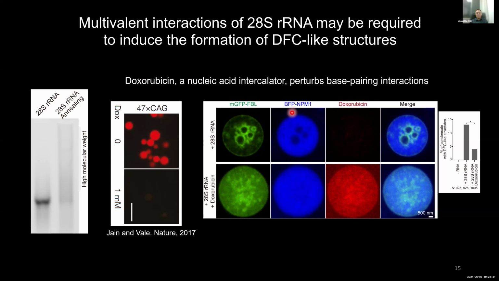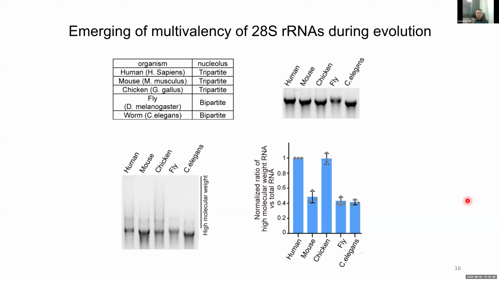So we also added doxorubicin into our in vitro reconstitution experiment. You can see that after adding doxorubicin, the DFC-like structure is largely decreased. This data suggested that multivalent interactions in 28S RNA may be required to induce the formation of DFC-like structures.